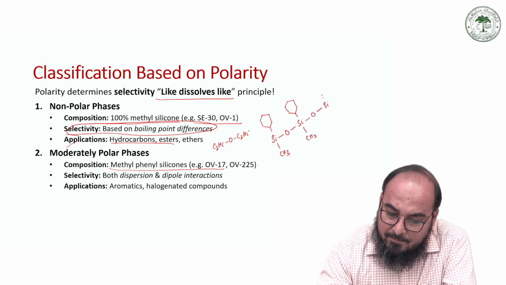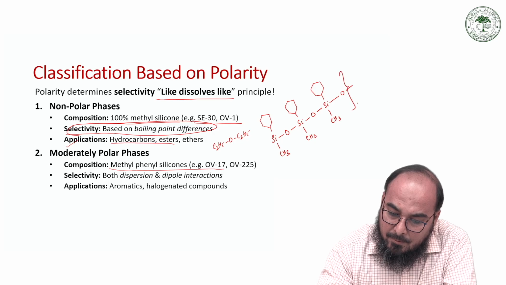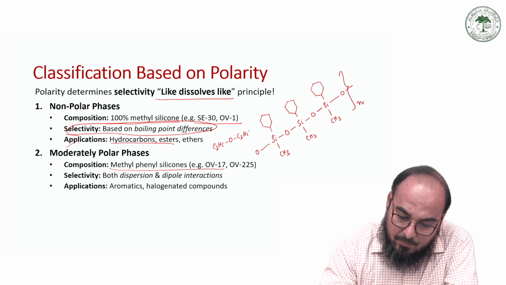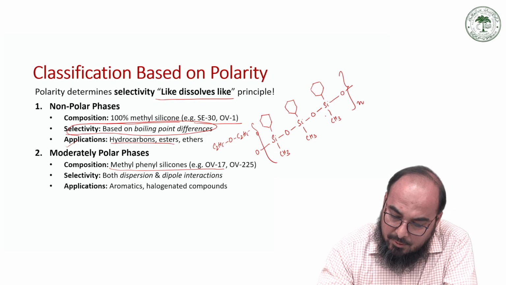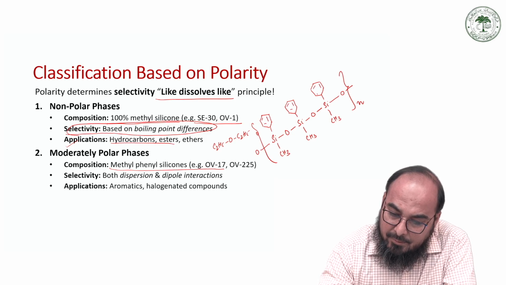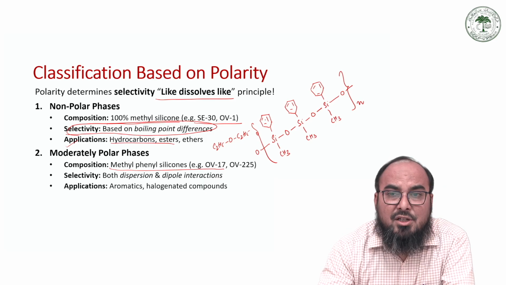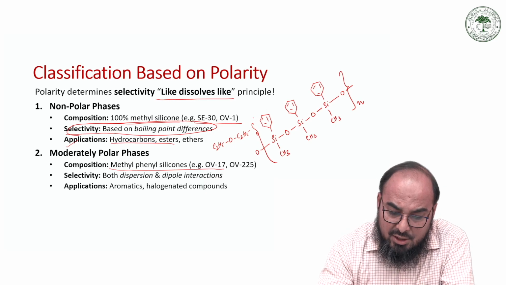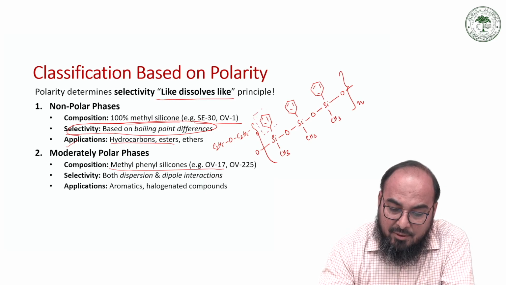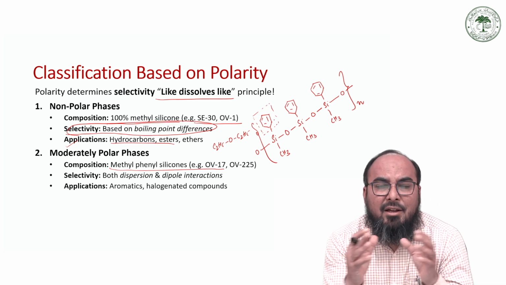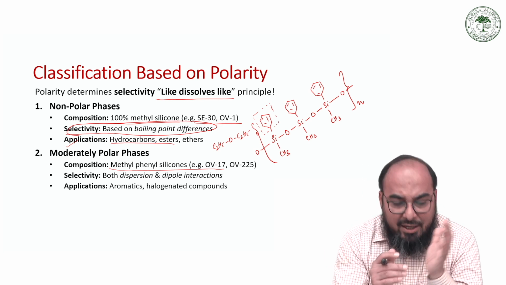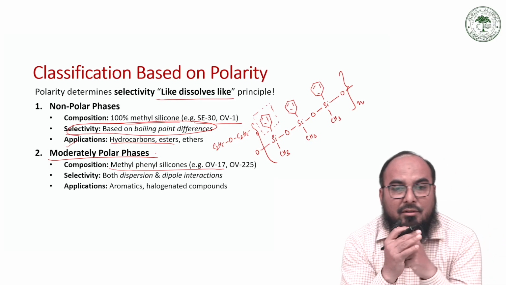Let us draw the conjugation here. Because of the presence of this phenyl group, it gets an ability for pi interaction, and that is why it becomes moderately polar.